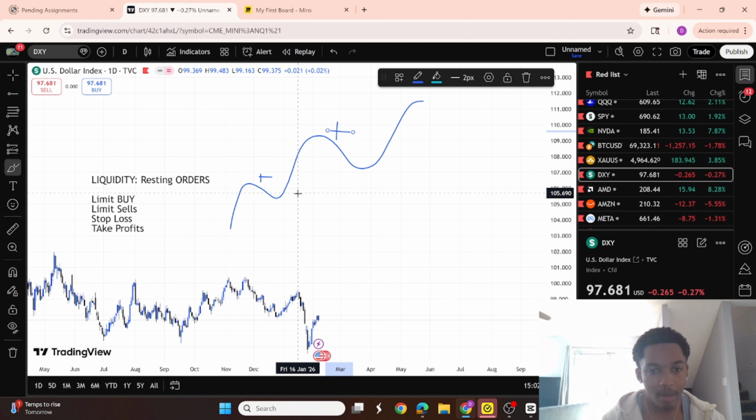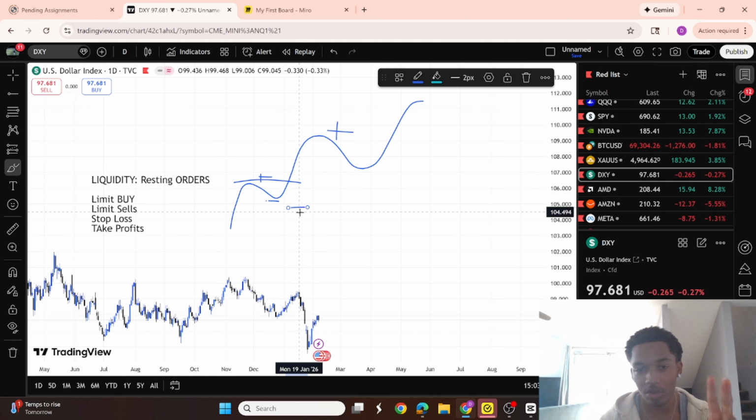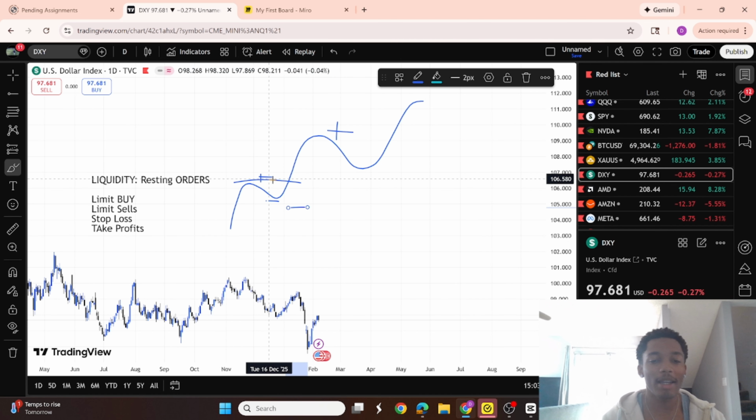And they set their stop loss under these lows right here. So there are limit buy orders at highs, and there are limit sell orders or stop losses at lows. Peep how there's a double set of orders. This is why I said there are really two categories, but four types of orders. So you have people buying into the market, and you also have people taking profits.